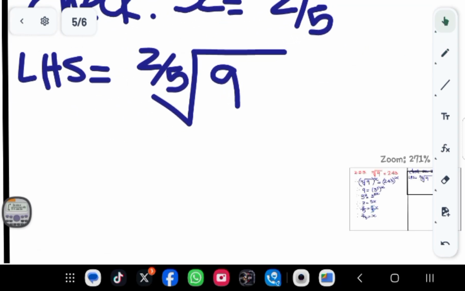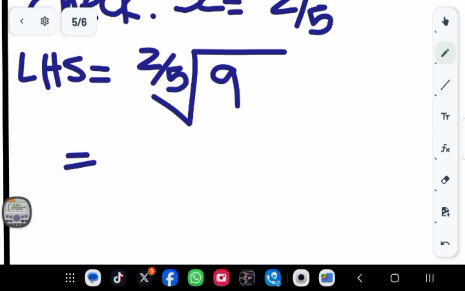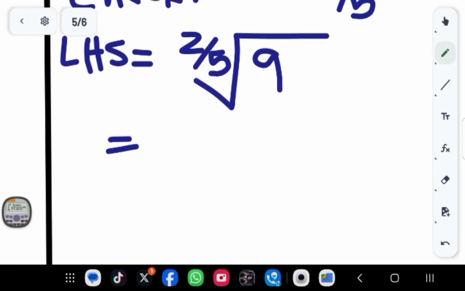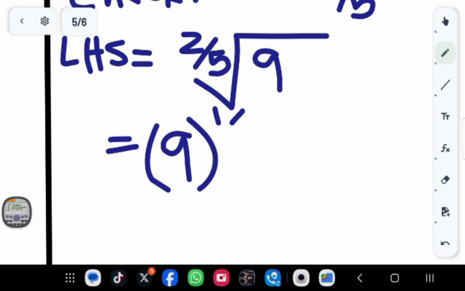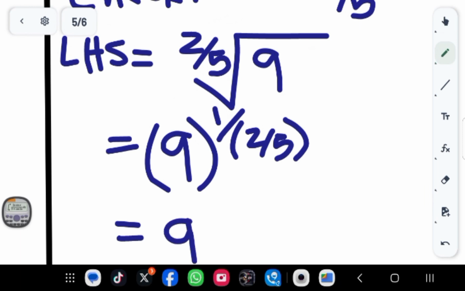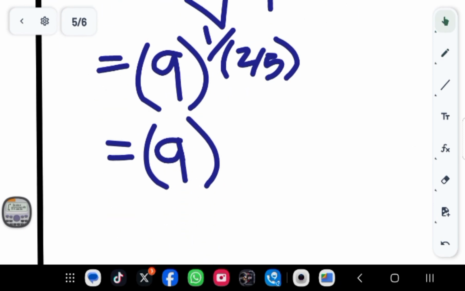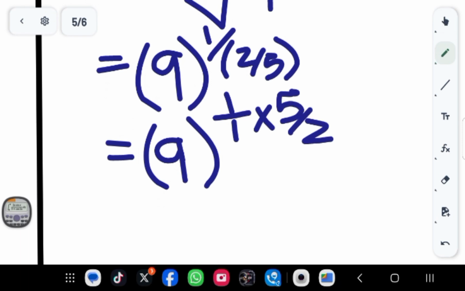That is equal to 9 to the power of 1 over 2 over 5, which is 9 to the power of 1 over 1 times 2 over 5. That is 1 over 1 multiplied by 5 over 2. You flip it upside down.